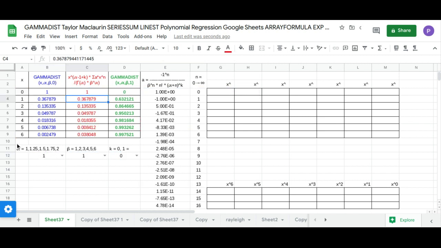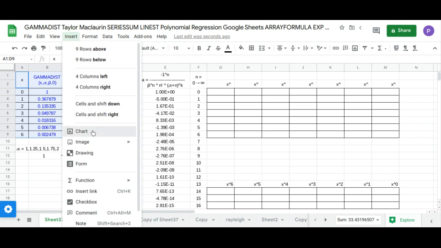And we chart. So right now at k equals 0, these values are the same, meaning this expansion approximates the probability density function. At k equals 1, our expansion approximates the cumulative distribution function. Let's chart this.